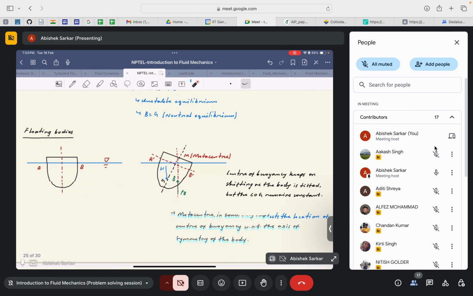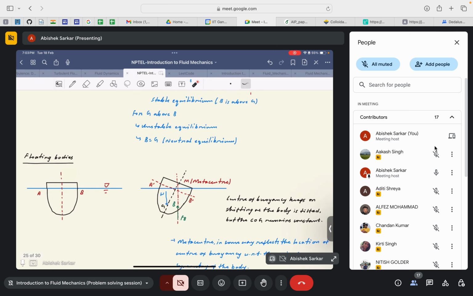But in actuality, some portion of the body is immersed in the fluid, which is the reason behind the buoyancy force that acts on the body. Because if the body does not displace any fluid, then there is no buoyancy force, right?